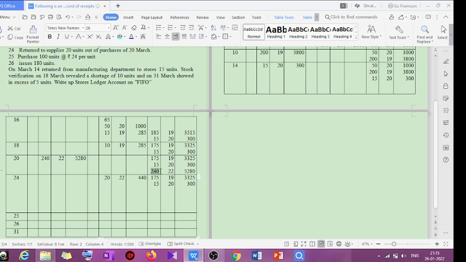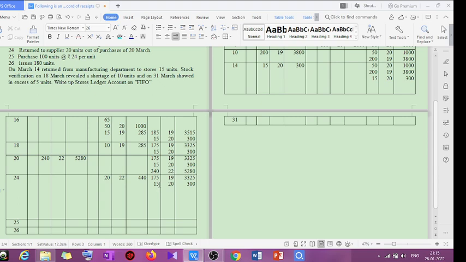We had 240. From 240 we have returned 20. So what it means? How much remained? 220. I hope it is clear to you why we have taken this slot, because from that slot we have returned the material. I have mentioned specifically the date. So rate is 22. So it will be 4840. I hope it is clear to you, students, still here.